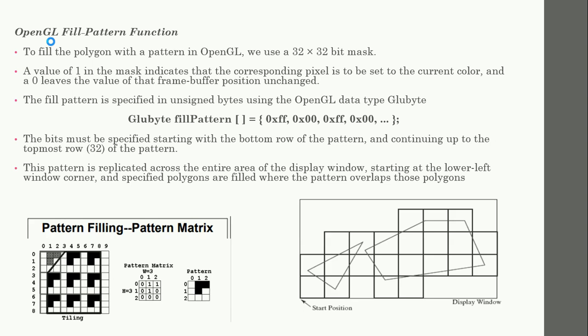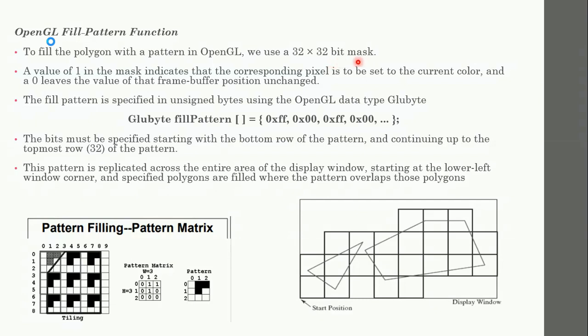So you had four steps for filling the convex polygon. The first step was to define the fill pattern. Let us see how to define this fill pattern. To fill the polygon with a pattern in OpenGL, we use a 32 by 32 bit mask. 32 by 32 means it's a 1024-bit mask.